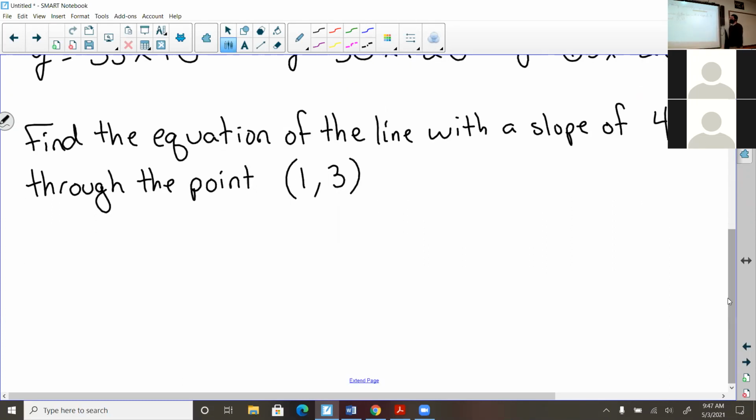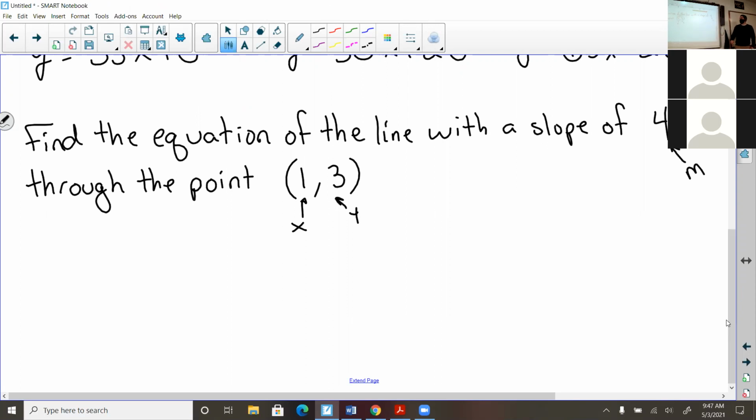All right, so if I was given the information of finding the equation of a line with a slope of 4 and it's going through the point (1, 3), what this problem has now given us is that we know the slope, we know the x value, we know the y value. The only thing we don't know is the b value, the y-intercept.